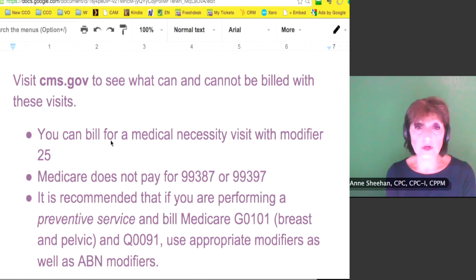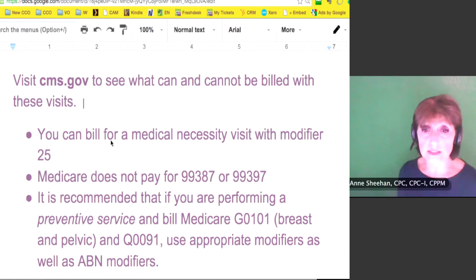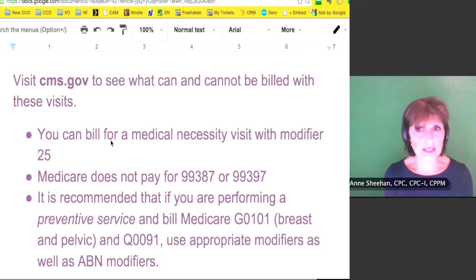And believe it or not, the reimbursement for a PAP and pelvic exam, if you meet the criteria, as well as the PAP smear, the breast and pelvic and the PAP, reimbursement, depending on where you are, is anywhere like from $75 to $80. And so even if Medicare does not pay for the checkup, you're still making decent money on that other part of the exam.